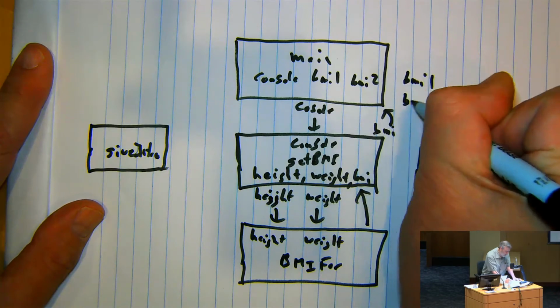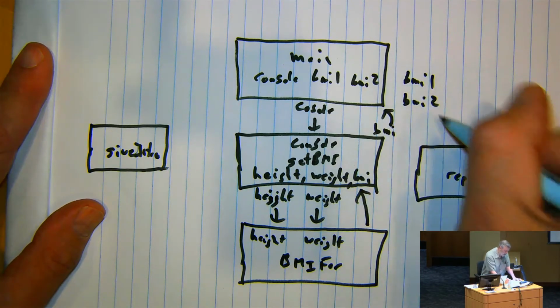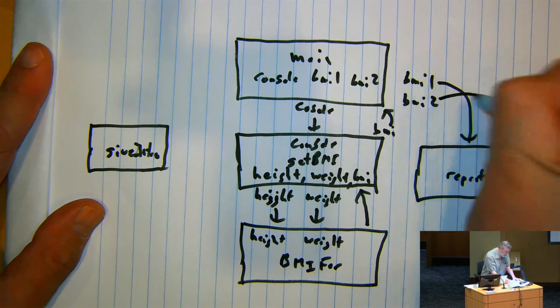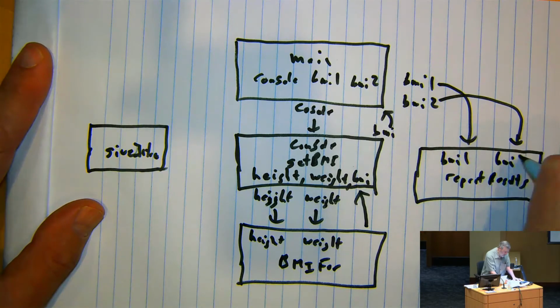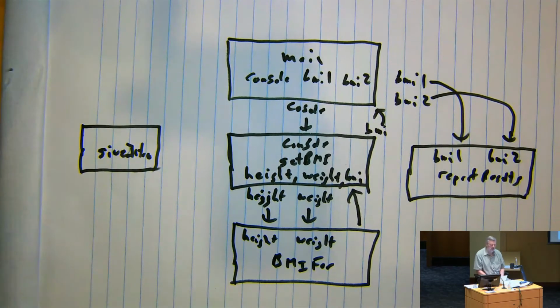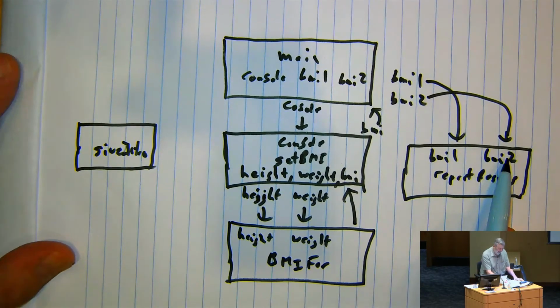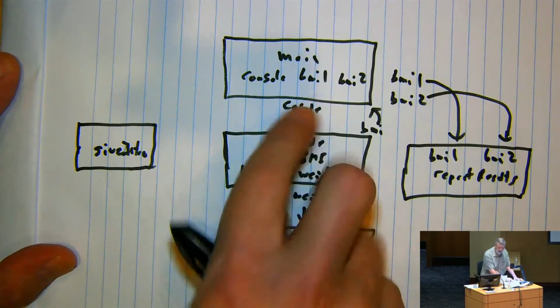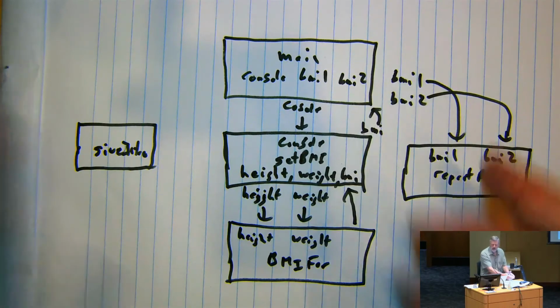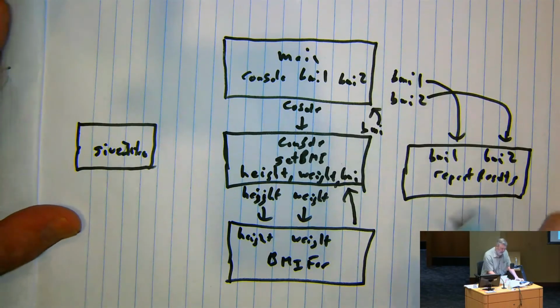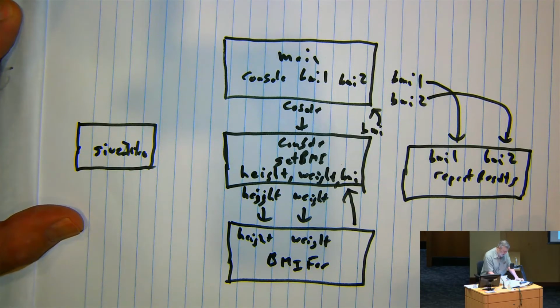But BMI1 and BMI2 were passed as parameters into this method here. So that was another bit of information flow that I had. This method had returned values back to BMI1 and BMI2, which in turn got passed over to here. Again, this breadth idea here. And then this one called two different methods. There was a method called reportStatus.